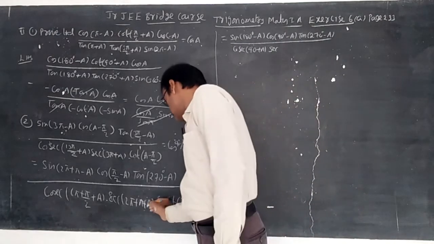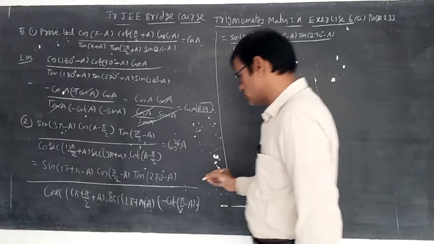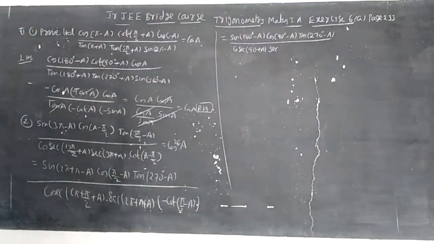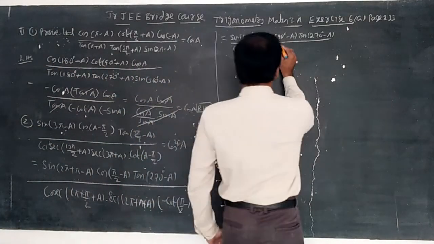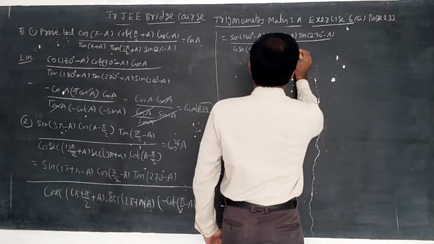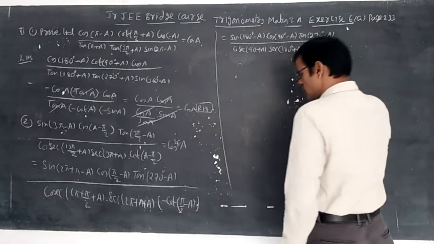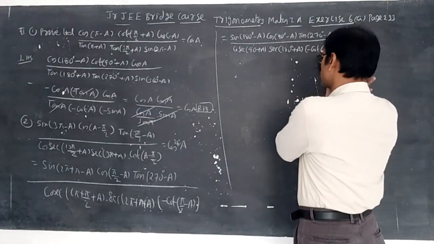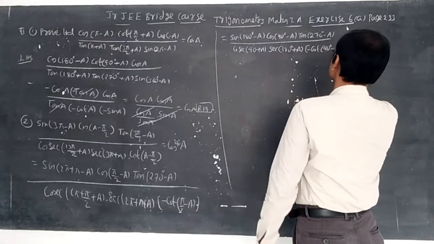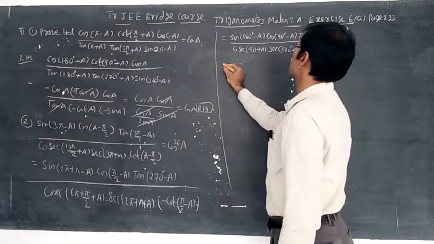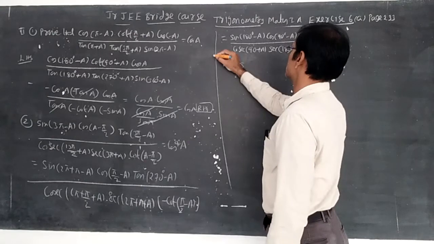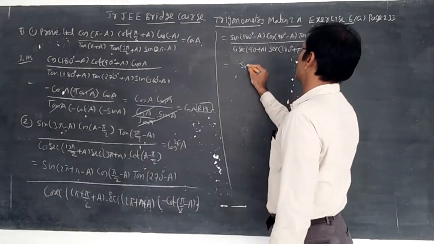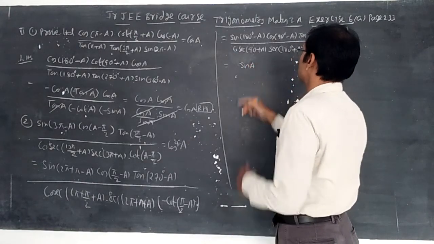Into secant of 2 pi plus pi plus A. Secant of 2 pi means 0. So secant 180 degrees plus A into minus cot of 90 degrees minus A. So that is equal to sin 180 minus theta, only sin theta according to the all silver tea cups allied angles formula.